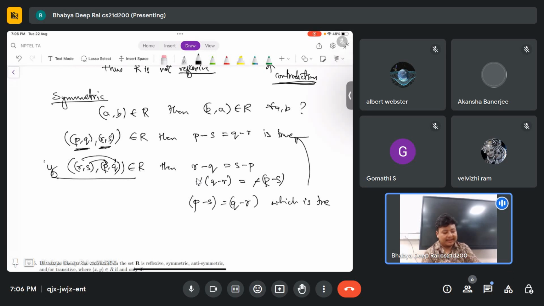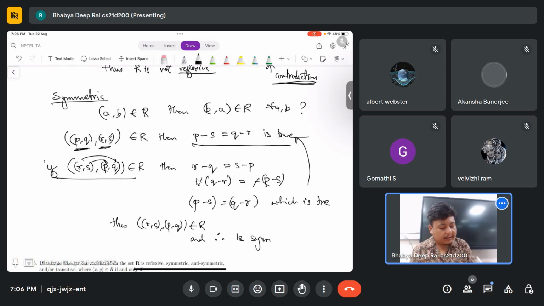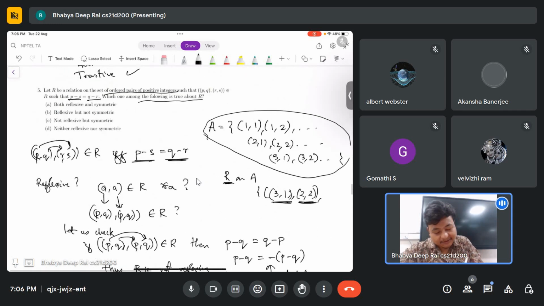From this, we know that this is true, and therefore when we flip that and check whether it satisfies the property, it is true. Therefore, this belongs to the relation. Thus (R comma S, P comma Q) belongs to the relation, and therefore R is symmetric. So it is not reflexive, and symmetric.